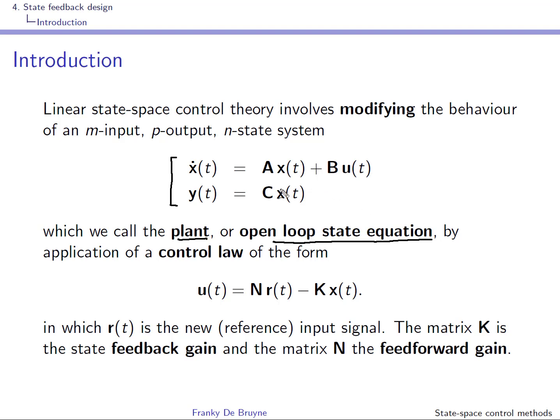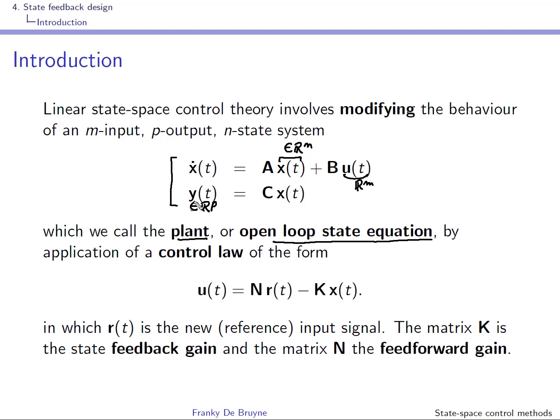So we have here a system with p outputs, so this one lives in R^p. It has m inputs, so this one lives in R^m, and the state is a vector of n components, so this one lives in R^n.